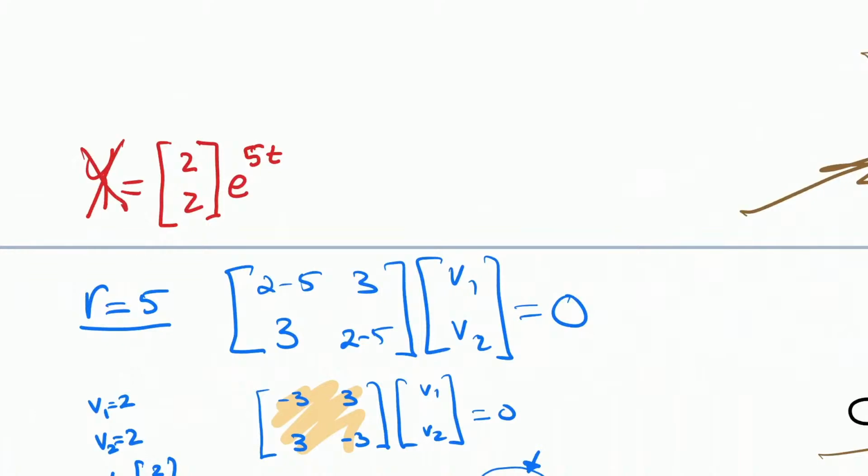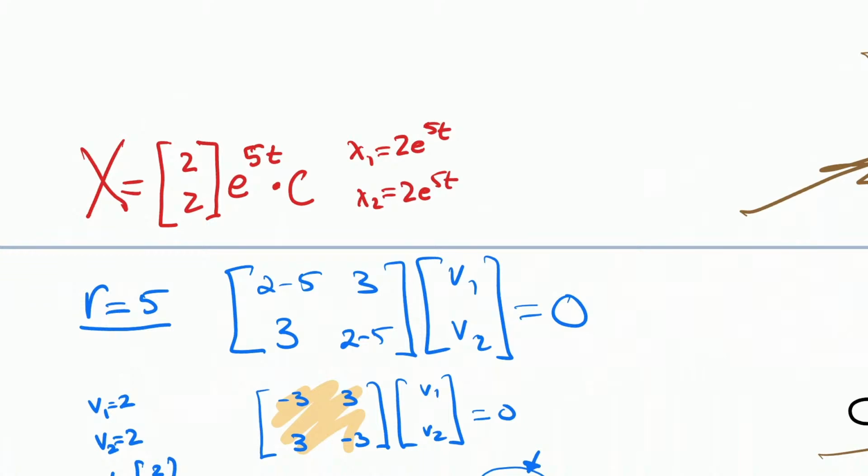Let's go with a capital X. So x1 is 2e to the 5t, and x2 is 2e to the 5t. In fact, you take this times any constant, and you'll get another solution. If you pick any constant you like, you'll get another solution, and that's because this isn't a unique solution.